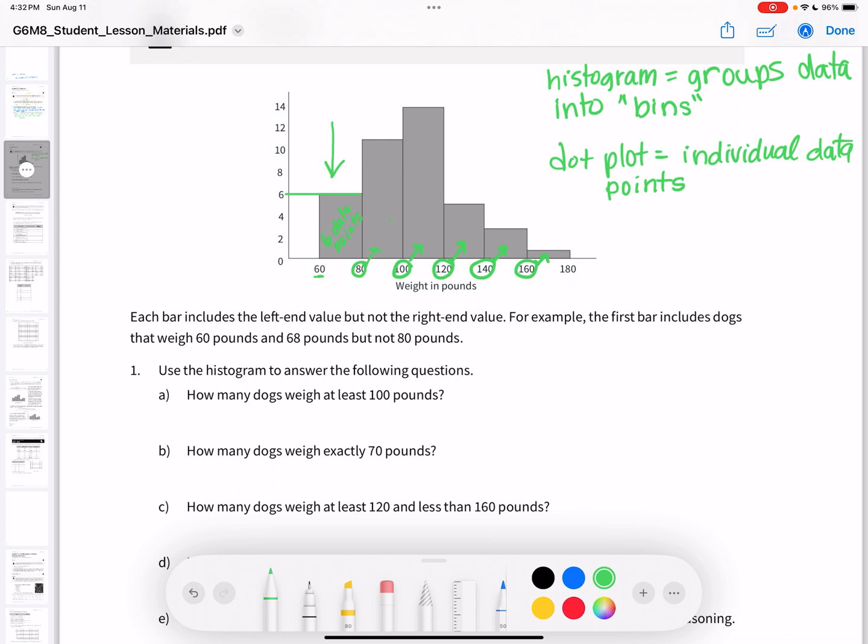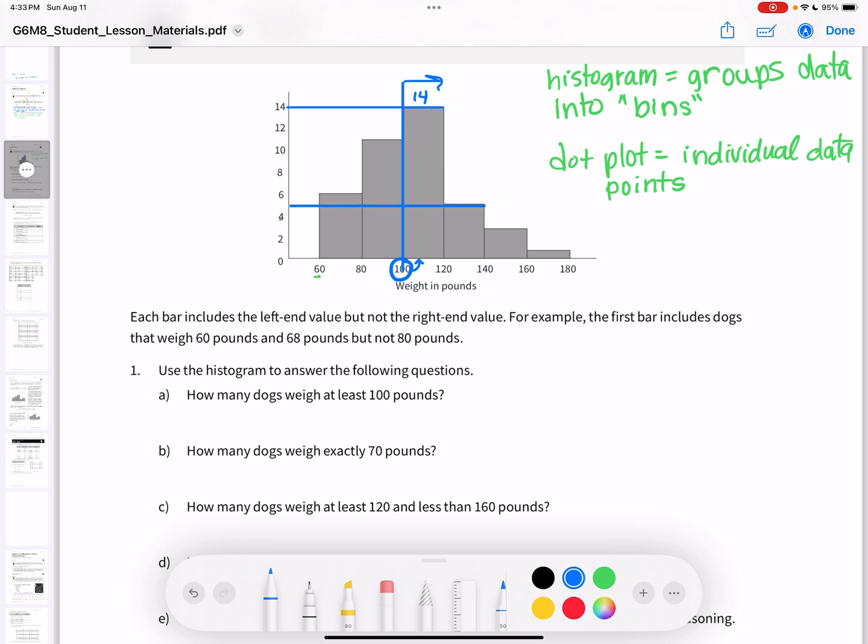All right, use the histogram to answer the following questions. 1, how many dogs weigh at least 100 pounds? Okay, so we need to go find 100. So here's 100. So remember that 100 goes with this bar. So we're going to look at all of the data points above this point. So this bar goes to 14. So we have 14 data points in this bar. Let's look at this one.